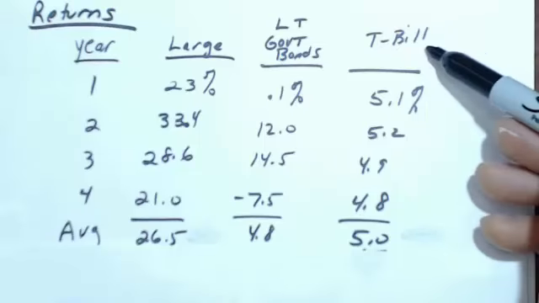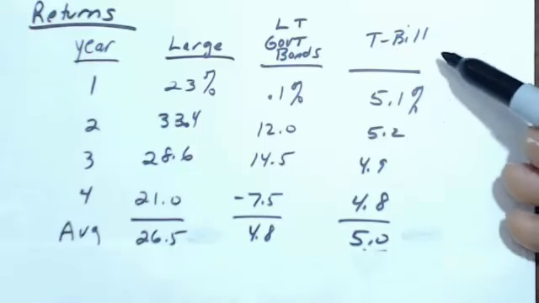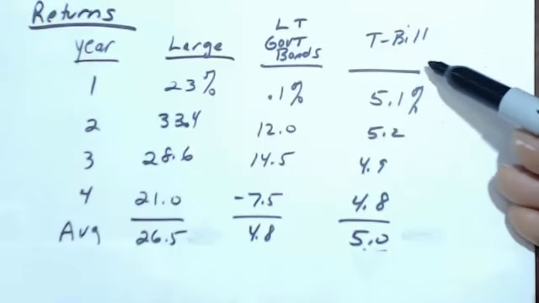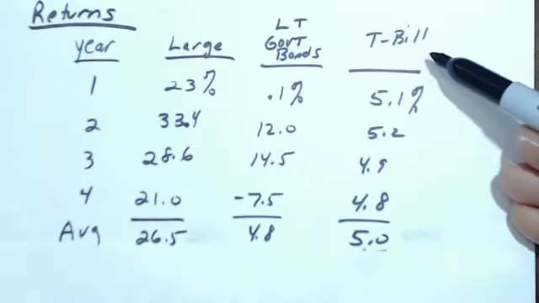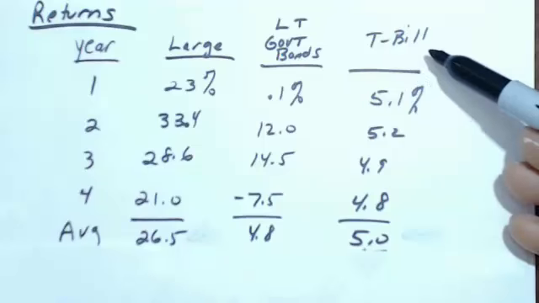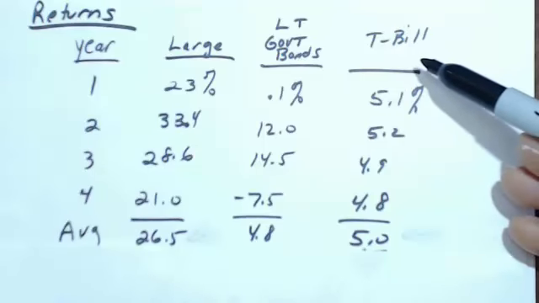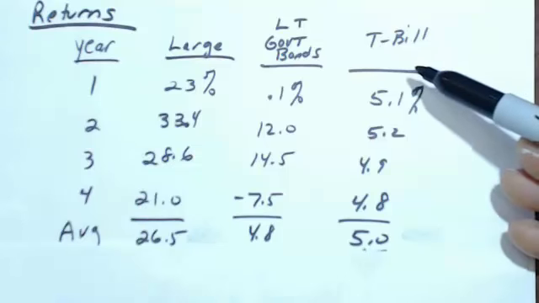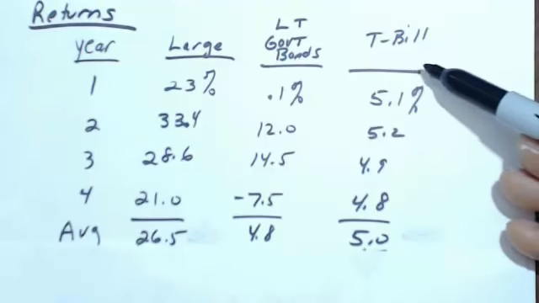There are also Treasury bill returns here for 4 years. Again, these are total returns, and they represent the return from very short-term government instruments that are sold at a discount, and that'll pop up later on in the course, exactly what that represents.